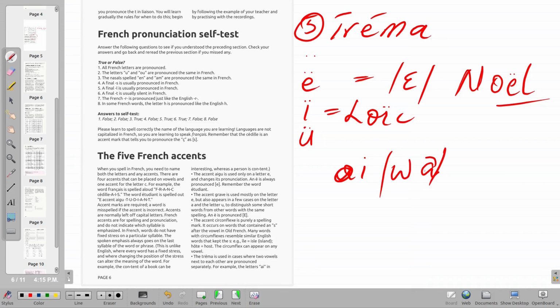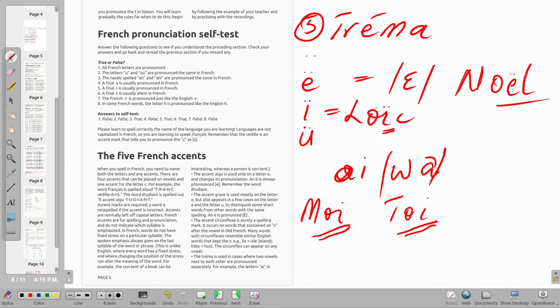And so that is why we can say moi, which means me, or toi, which is you. This tréma helps to change that in certain words.